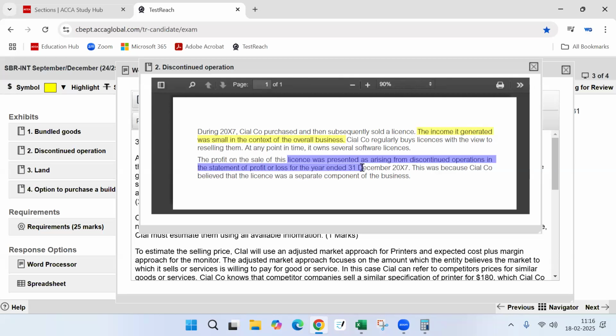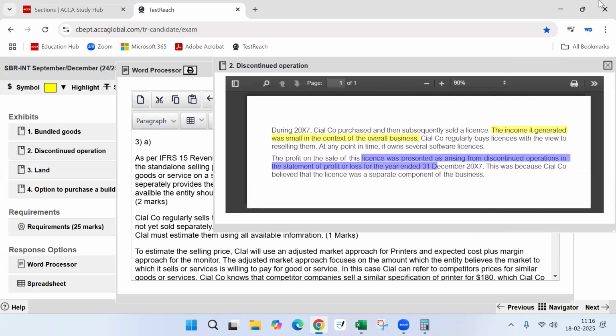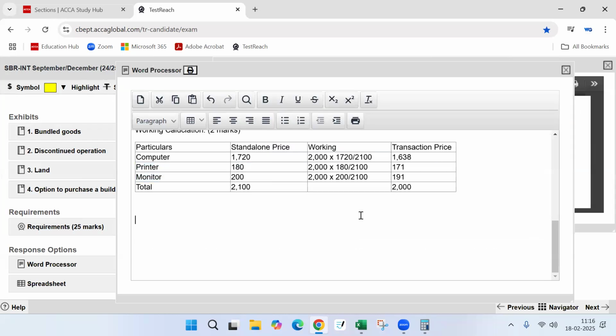In conclusion, none of the criteria in IFRS are fulfilled, right? And you cannot classify the profit on sale of license within discontinued operation as it is inappropriate. This is the conclusion. Is it clear? I'm not going to write everything in detail. I would like you to write it down.